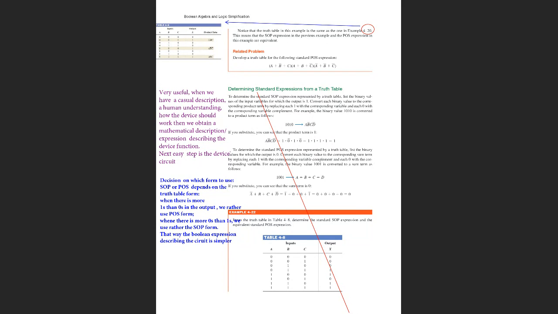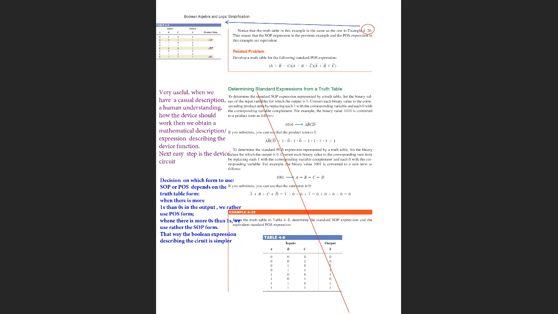Okay. So now the question is, if SOP and POS describe exactly the same expression in a different way, which form do we take to create hardware later on? The answer is, it depends on the situation.